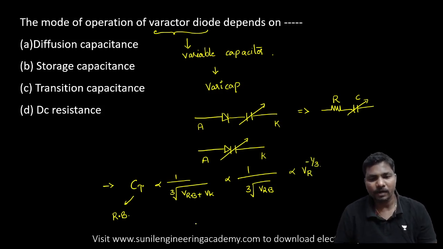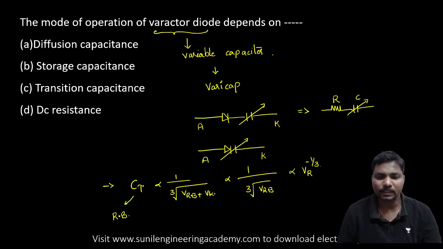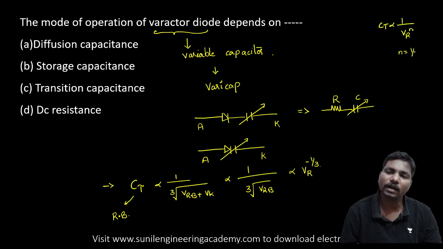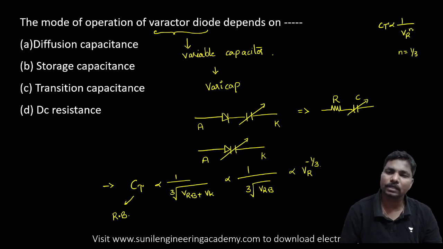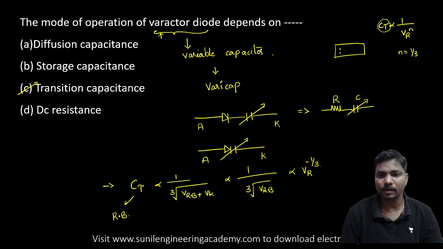Generally CT is proportional to VR power n; for a varactor diode it is 1 by 3. So the capacitance present in reverse bias is considered as CT. That is the operating principle of the varactor diode. So transition capacitance, for example, if you consider a normal diode.